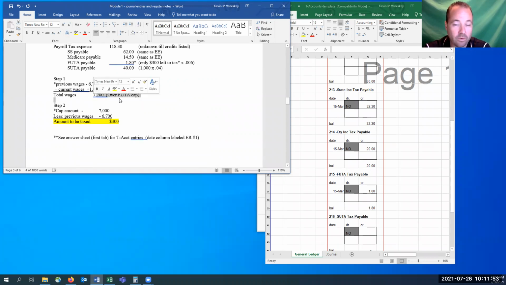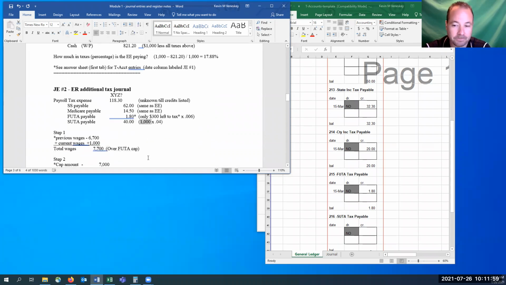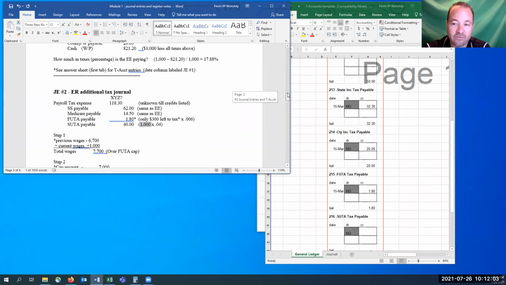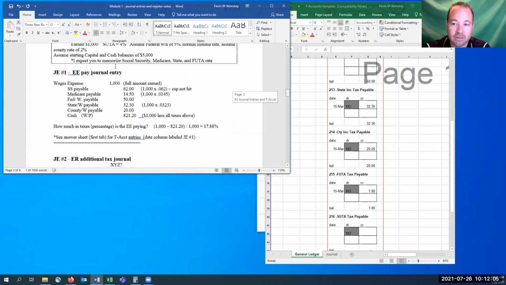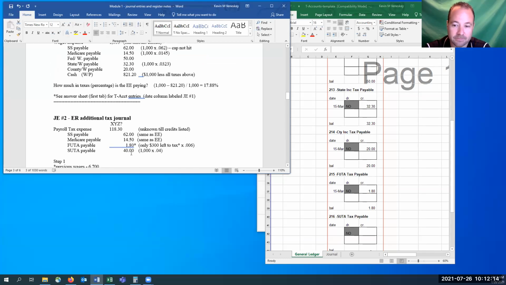So we would answer no, it's not over the cap. So we do not do step 2. We just do the full $1,000. 1,000 times, and then I have to give you the percentage. The percentage here, SUTA, 4%. 1,000 at 4% is $40.